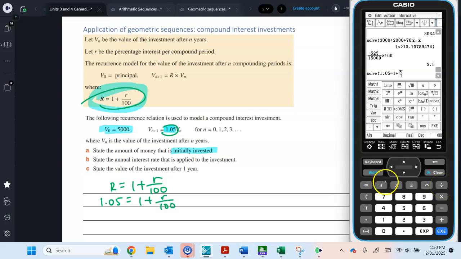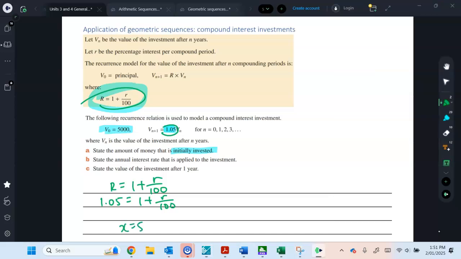You can use R, but it's going to take a while to find it, so I'll just use X. When you copy your answer down, don't write X equals 5, because it's not X, it's R. R equals 5, so 5%. An error students sometimes make is writing the wrong letter when they transcribe from the calculator. We don't want that to happen.